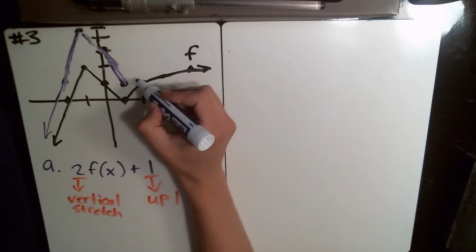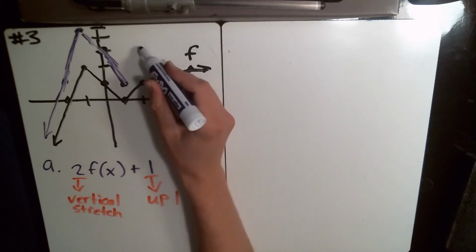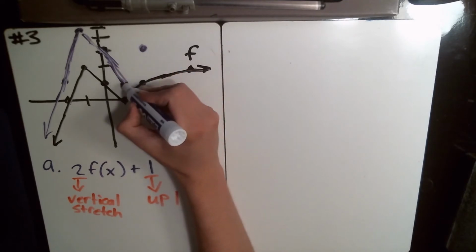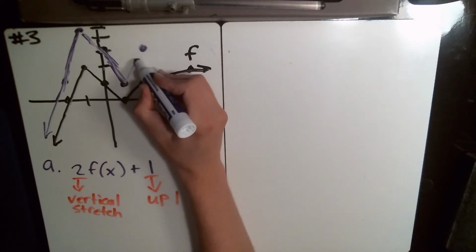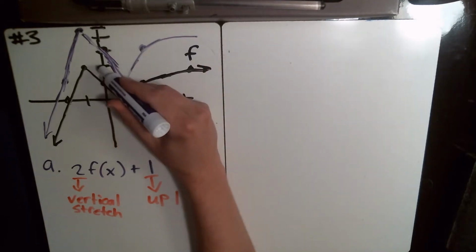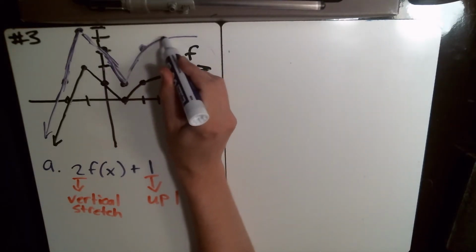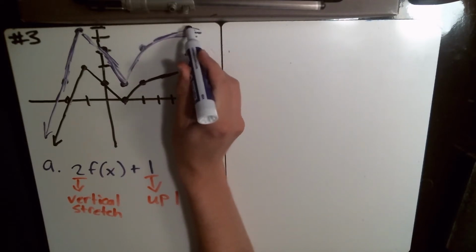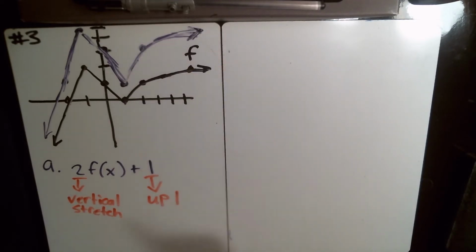So it's going to be something like that. 1, 2, 3. Something along those lines. Okay, so this will be our graph of our new function. It's stretched and then shifted up 1.